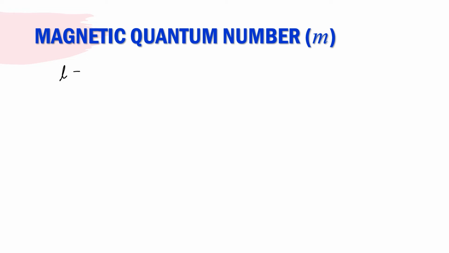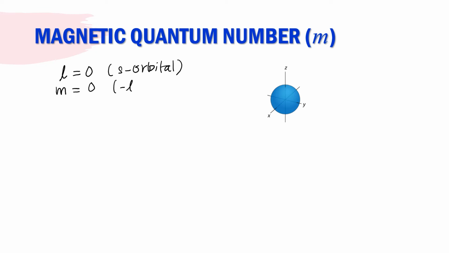If the value of L equals 0, this represents the s orbital. The possible value of m is also 0. So this number we get from the range of negative L to positive L. The value of m indicates the number of orientations of the orbital.